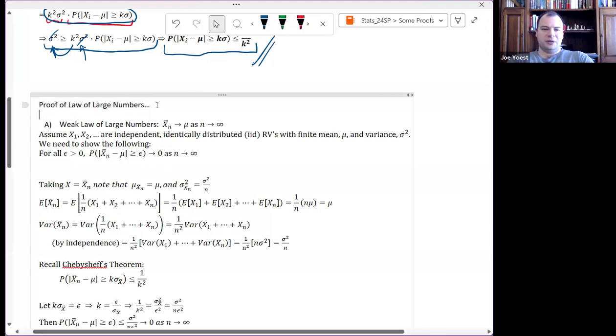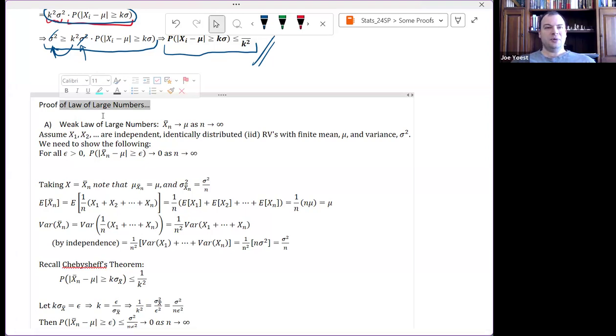Remember that the law of large numbers, roughly what it said when we were in chapter 4, was that the empirical relative frequency distribution that you get from a sample will look more or less like the classical probability distribution.